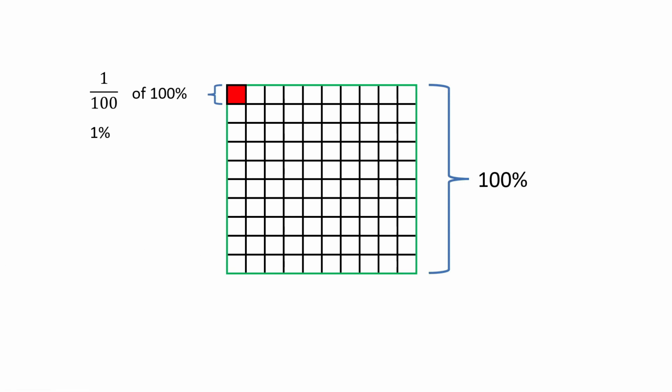All right. So 100% is the whole. 100% has got to be equal to 1, or one whole piece. If you get a test or an assignment and it's marked out of 72, 72 is the whole, right?